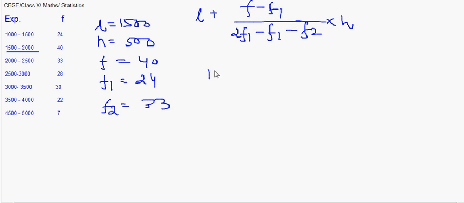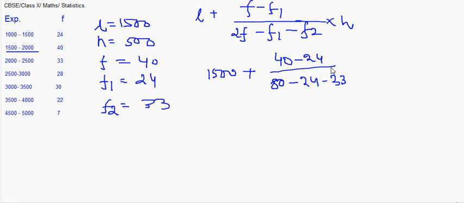So it is 1500 plus 40 minus 24 by, this is not F1, this is 2F. So it is 2 into F, that is 80, minus 24 minus 33 into 500.